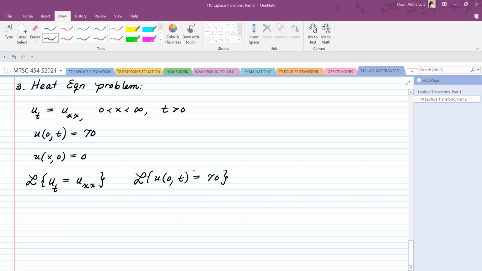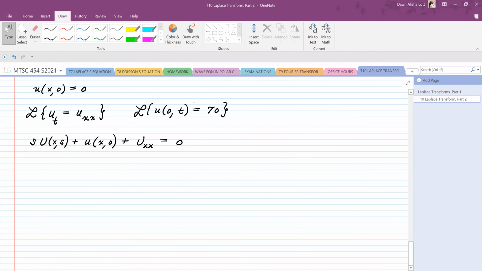Okay, so your first equation is going to give you s, capital U of x and s, minus little u of x and 0, plus u_xx is equal to 0.